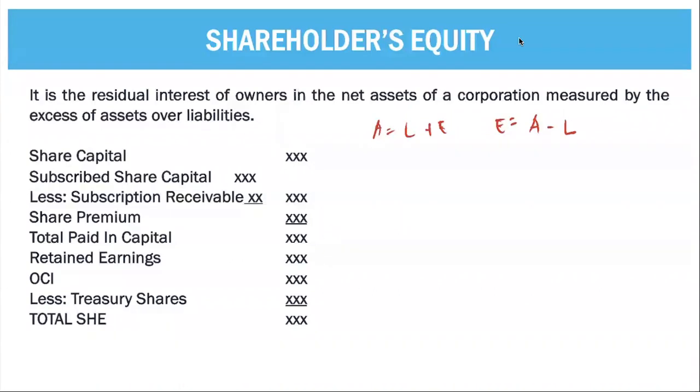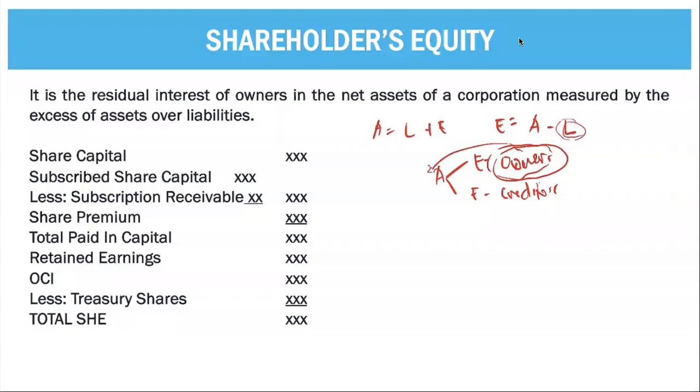And you further know that your asset is the equity of your owners and the equity of your creditors. So when we talk about the equity of your owners over the assets, that means the residual interest, or whatever is left after satisfying your liability.